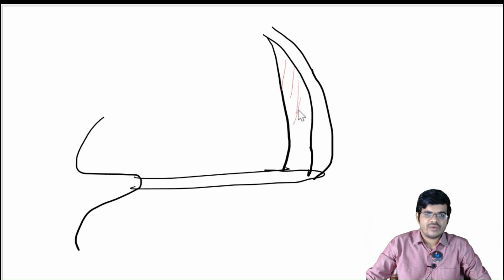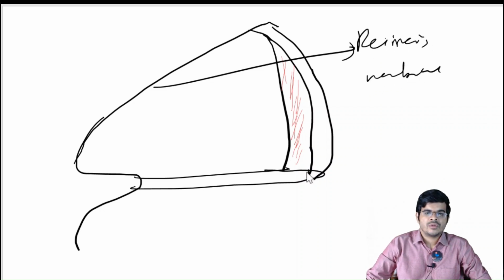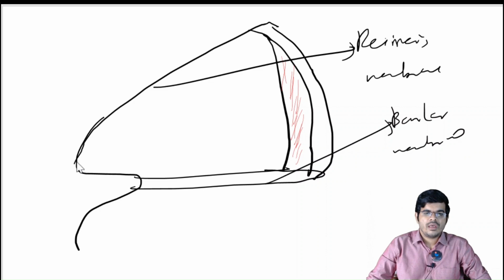This is the stria vascularis that you see here, and here you have a membrane, this is the Reissner's membrane, and here you have the basilar membrane, and from here projects the tectorial membrane. This is the tectorial membrane.